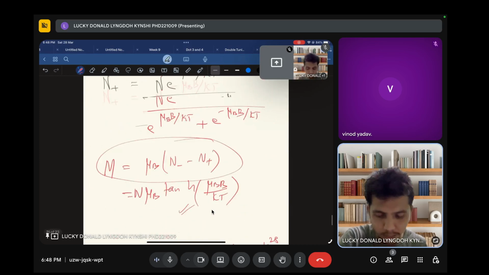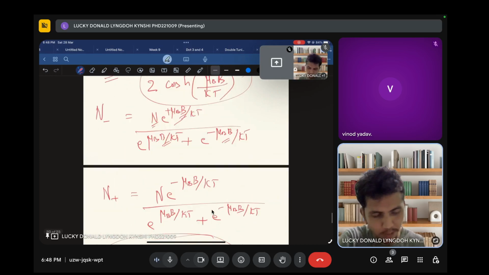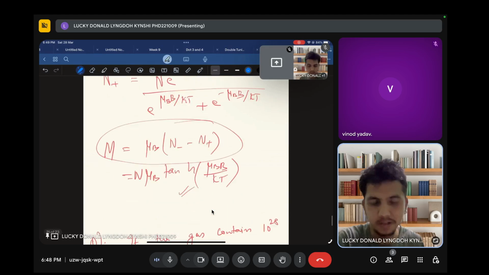If you look back, this is the equation for n plus and n minus. For this equation, you need to know only n, the temperature, and the magnetic field B. T is already given to you, magnetic field is already given to you, n is already given to you, and you just substitute in this equation and you get the total n minus and n plus.